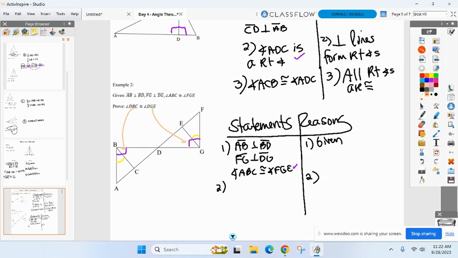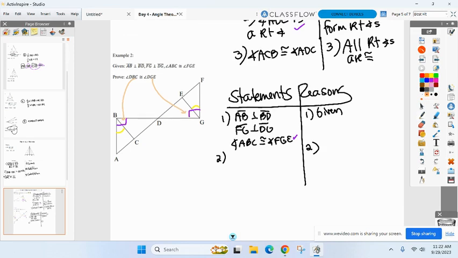All right, based on what we did in the last proof, can I just say those 2 right angles are congruent now? In step 2, angle FGD congruent to ABD because they're right angles. Can I do that in step 2 or no? No, I need to tell you what about them. I still need to tell you they are right angles. Because remember, I don't care what you did in the diagram. I need to see it on the paper, in the statements column anyway.